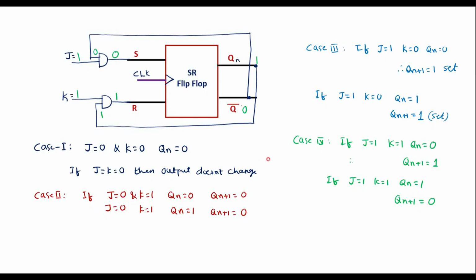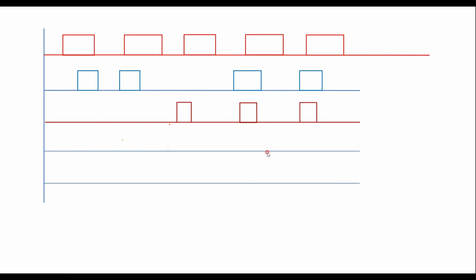Now let me explain the operation of clocked JK flip-flop with waveforms. Let me consider the first signal. This is a clock signal. Let this be a J input. These are K input, and let this be Q output.